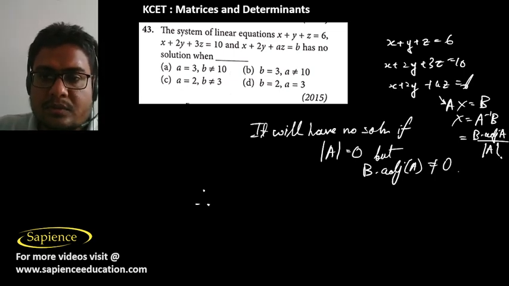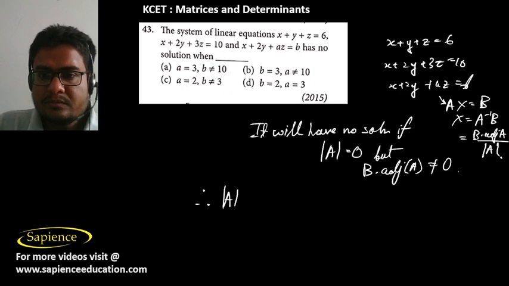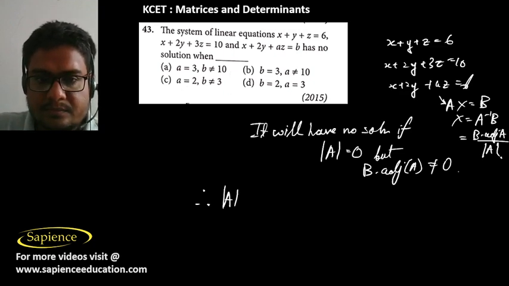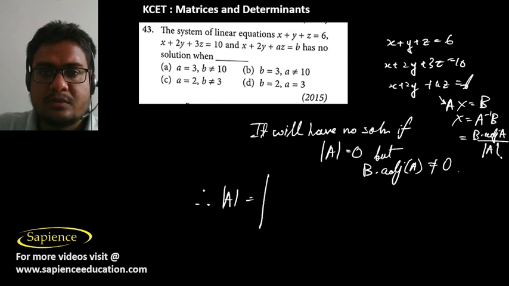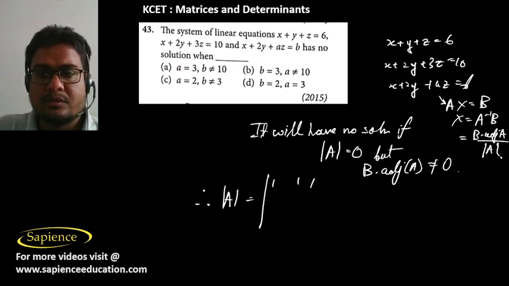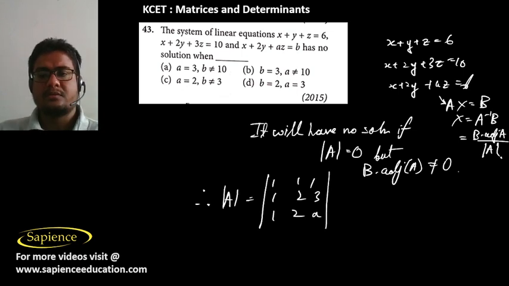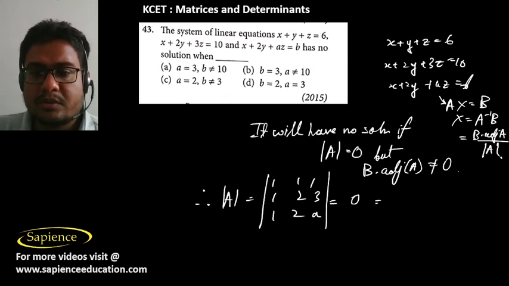So now therefore the determinant of A will be equal to the determinant of 1 1 1, 1 2 3, 1 2 a, that should be equal to 0.